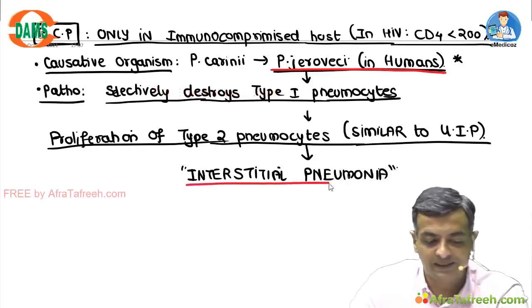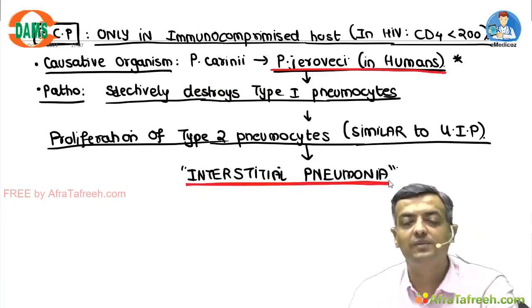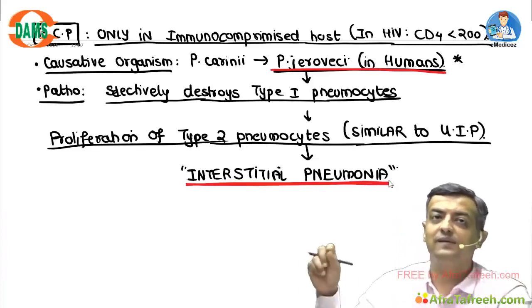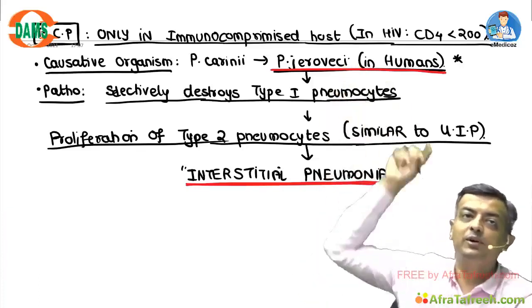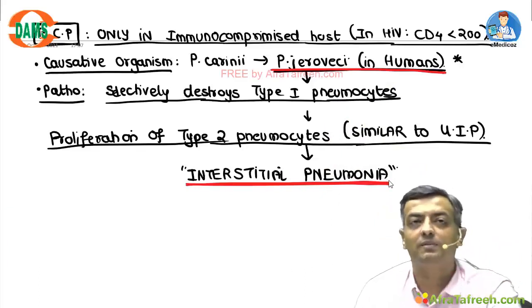That is PCP, Pneumocystis jirovecii associated pneumonia, which can cause infection only in the immunocompromised host.